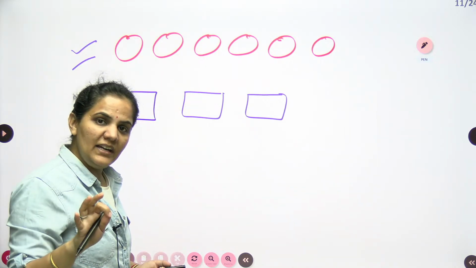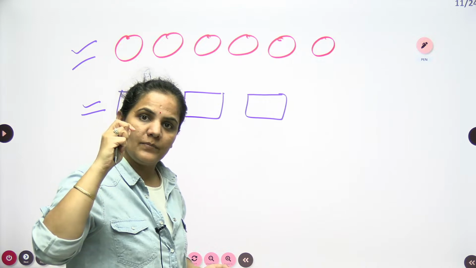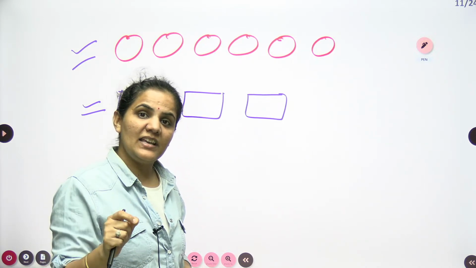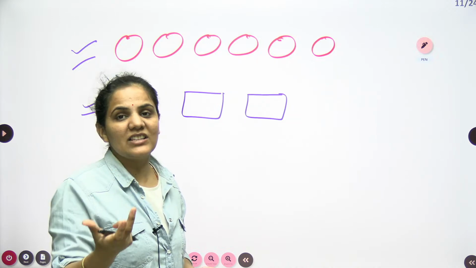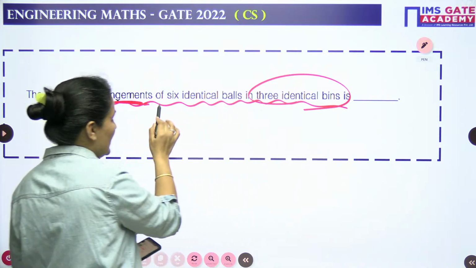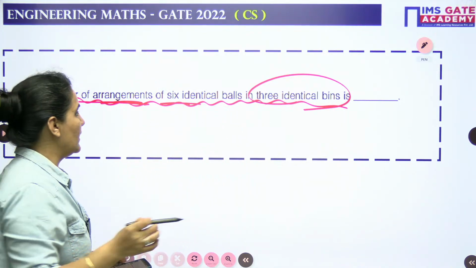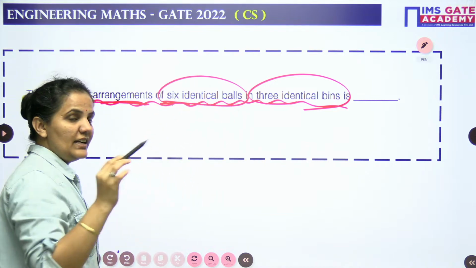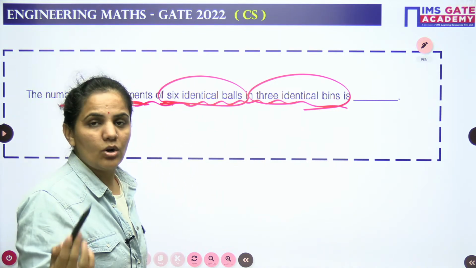The only thing that matters is how you arrange the balls, because here we need to arrange 6 identical balls in 3 bins or 3 boxes.